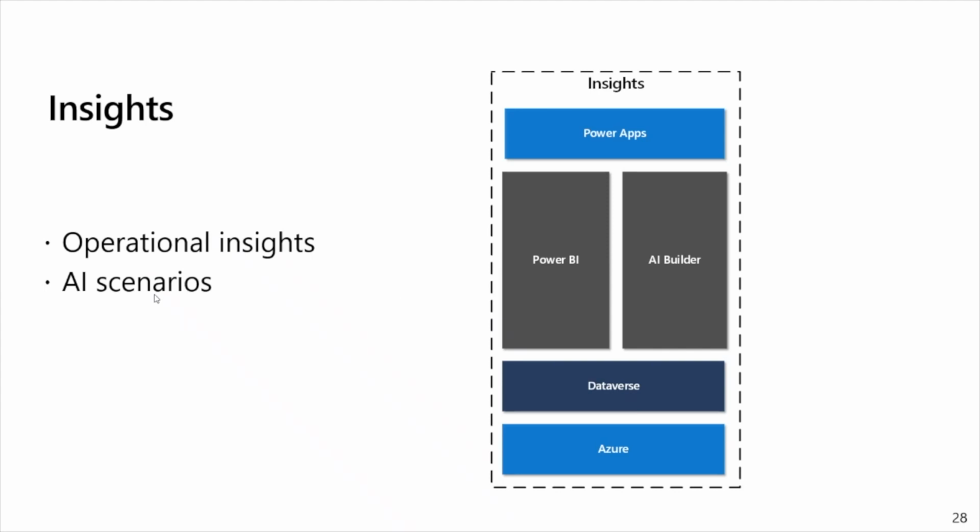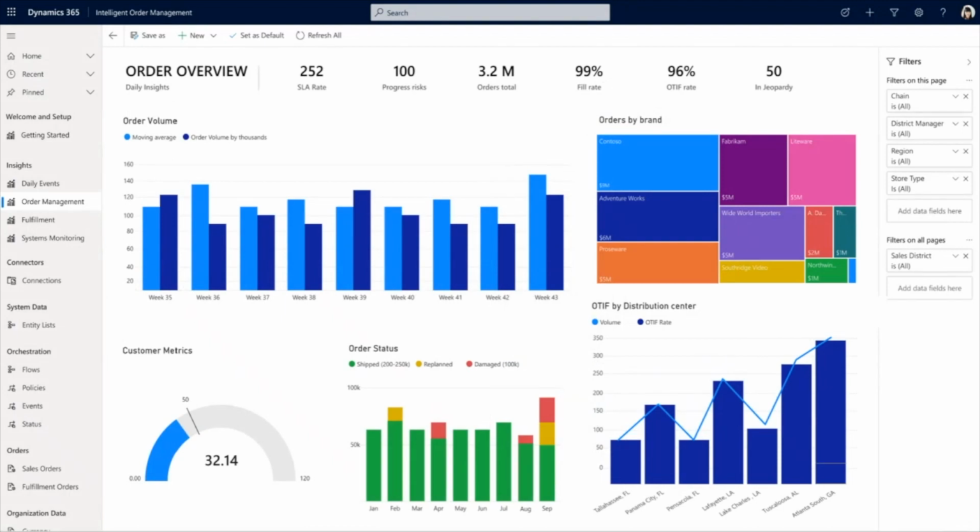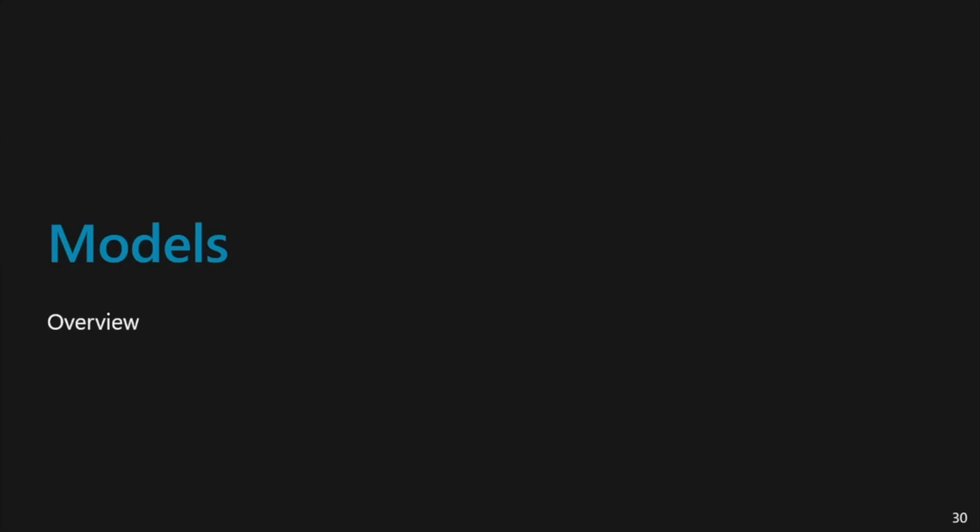The AI scenarios, because AI Builder is connected to Dataverse, if you want to build your own machine learning models to look at the data as it comes through, you have the ability to use those platform components to provide those insights. So we'll surface those in the context of dashboards, as you saw.